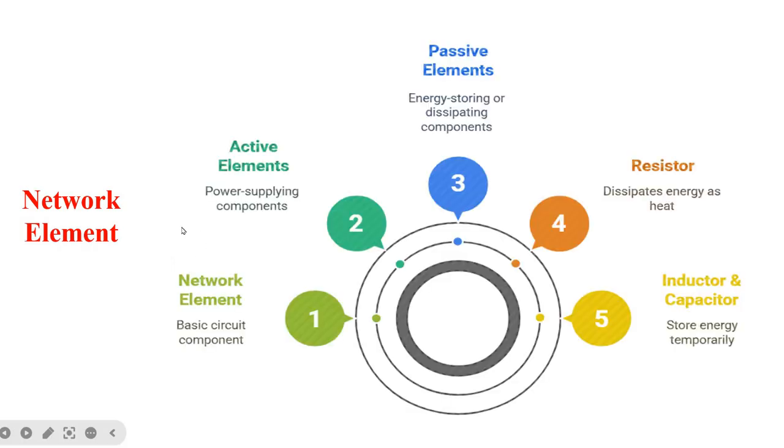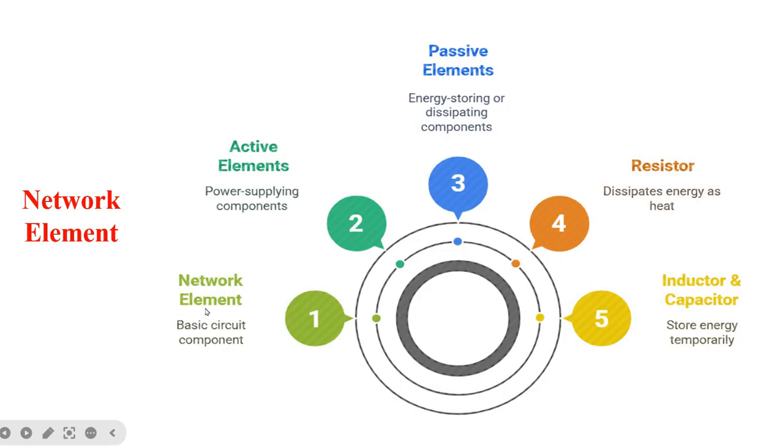Now next we will see about the network element. Any circuit element with two terminals which can be connected to other circuit element is called a network element. What is a network element?